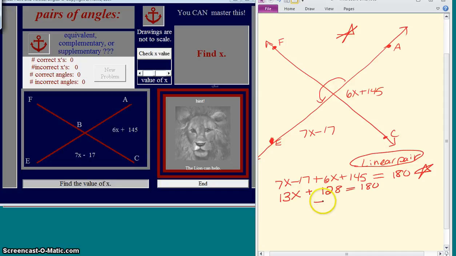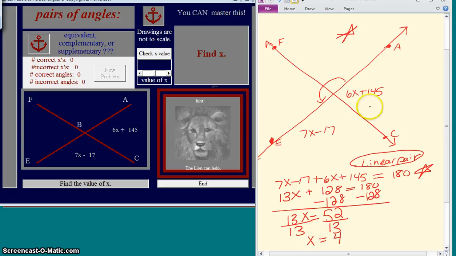And now subtract 128 from both sides. 13x equals, use your calculator please, find me 180 minus 128. Divide both sides by 13. And x equals 4.